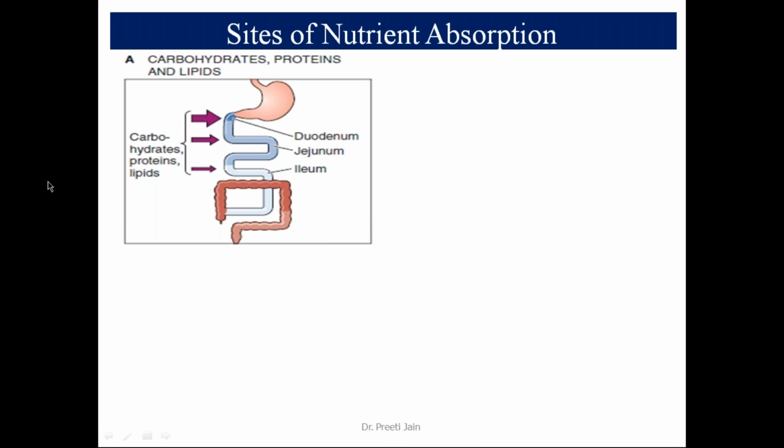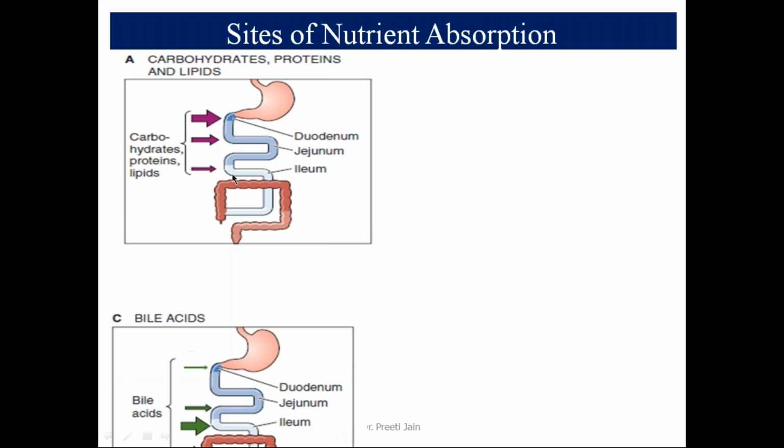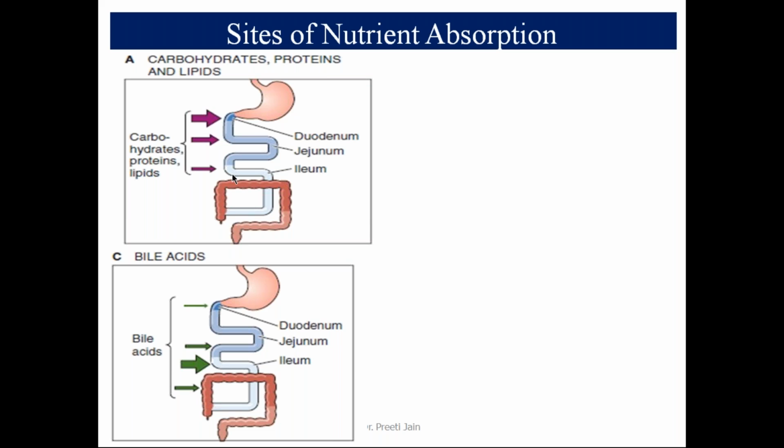Okay, so this is showing you a summary of the nutrient absorption. The carbohydrates, proteins, and lipids are mainly absorbed in the duodenum and the jejunum, and there is very little absorption from the distal part of the small intestine.